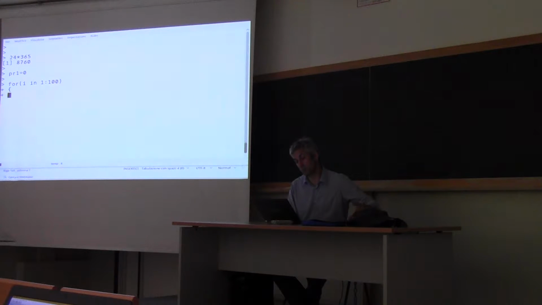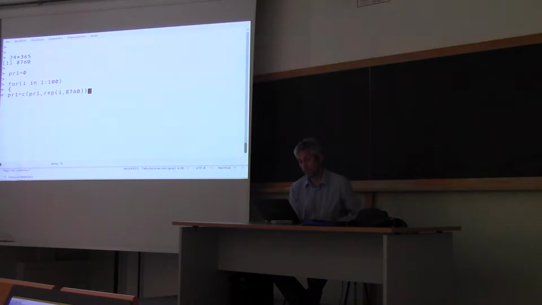It is to be repeated 100 times because we have 100 years. So I think that now the best solution is to do it like that: PR1 is equal to c(PR1, rep(i, 8760)). I think this is the solution.